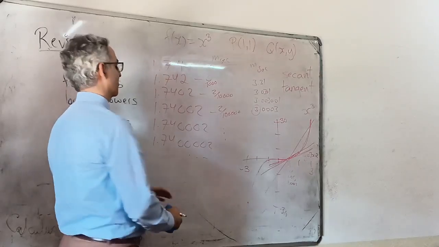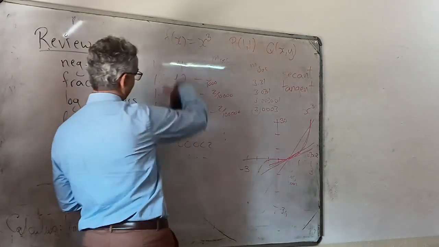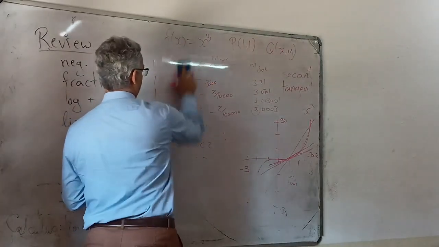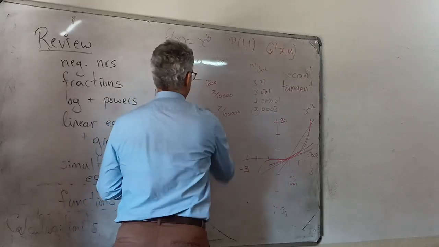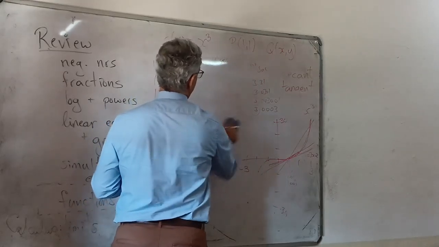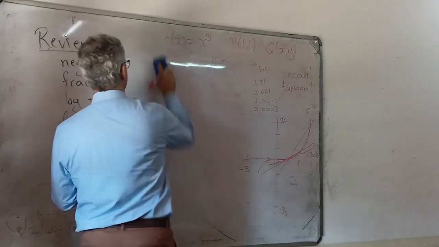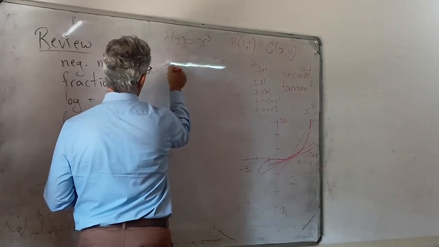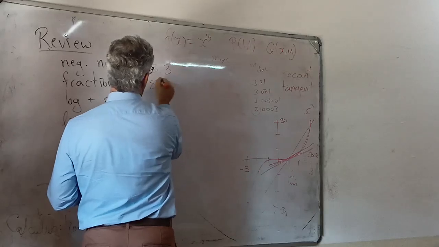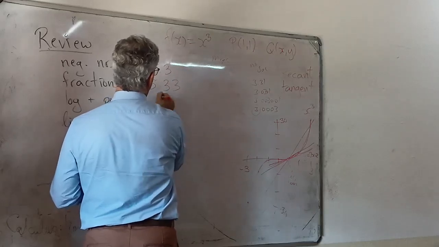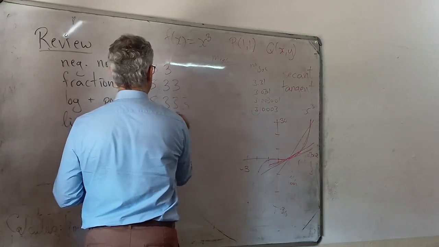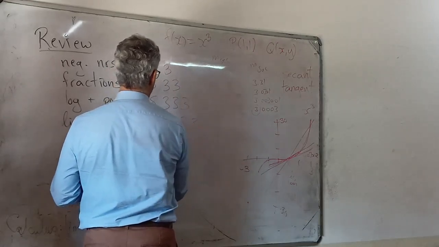This is a sequence that's going down towards the number, right? But you can have a sequence that goes up. Let's make it 8.3, 8.33, 8.333, 8.3333, 8.33333.